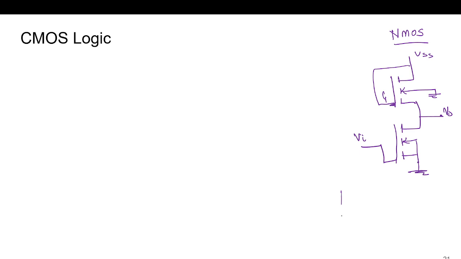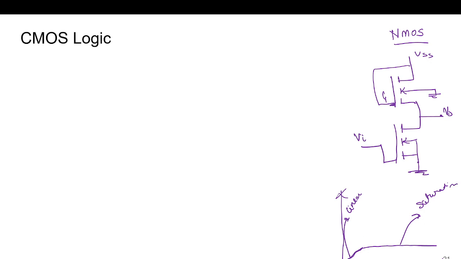So if we see the characteristics of this NMOS, it will be in the cutoff, then it will start to conduct. Once the pinch-off voltage is reached, it will be in saturation region. So here it will be in the linear region, then it will reach the saturation region.